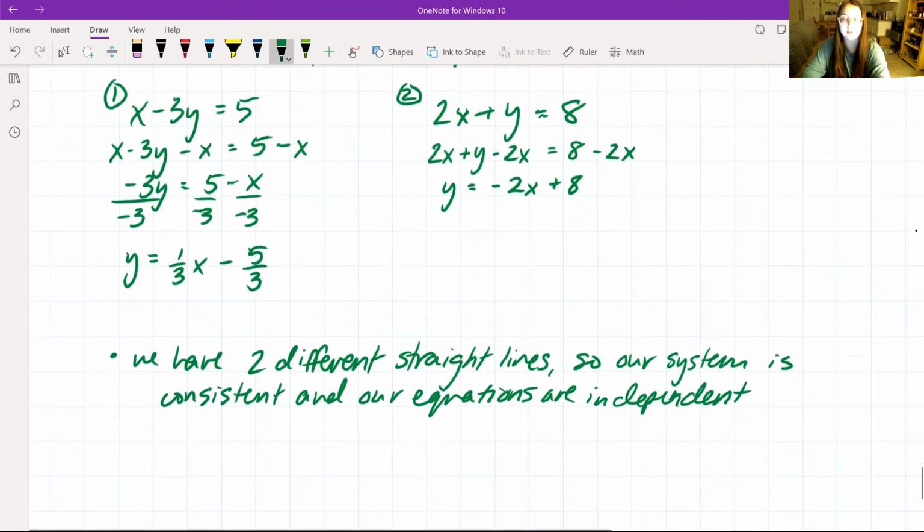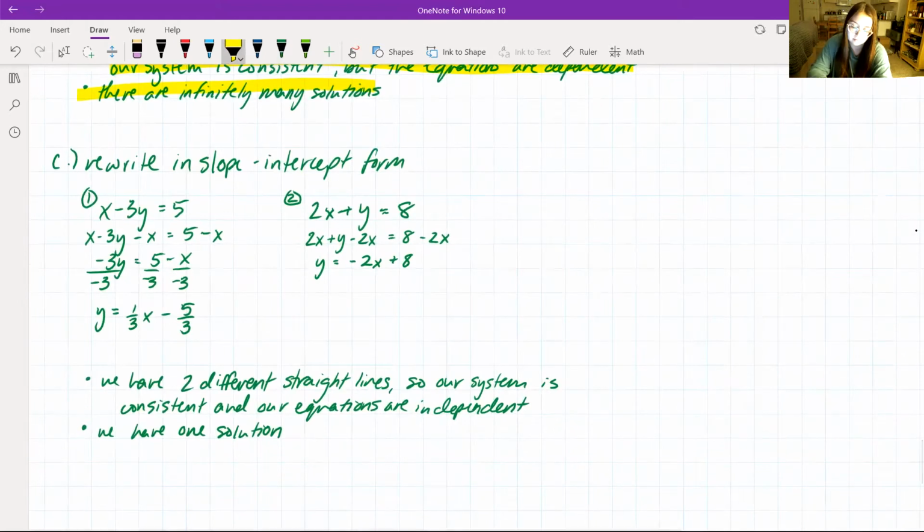And since we just have two different straight lines, this means that we only have one solution. So what we'd see here for part C would be our typical kind of image that we would have.